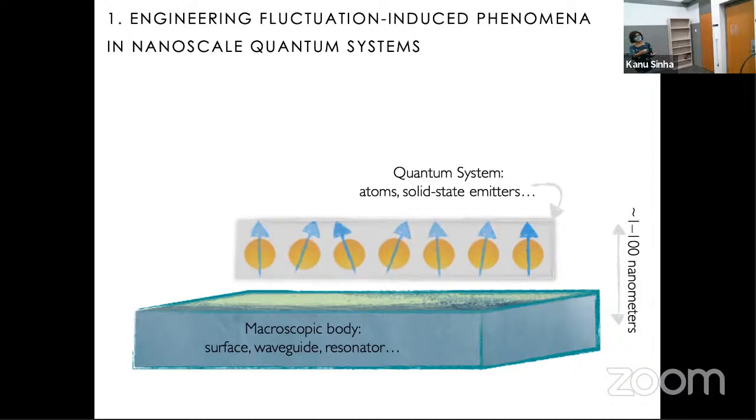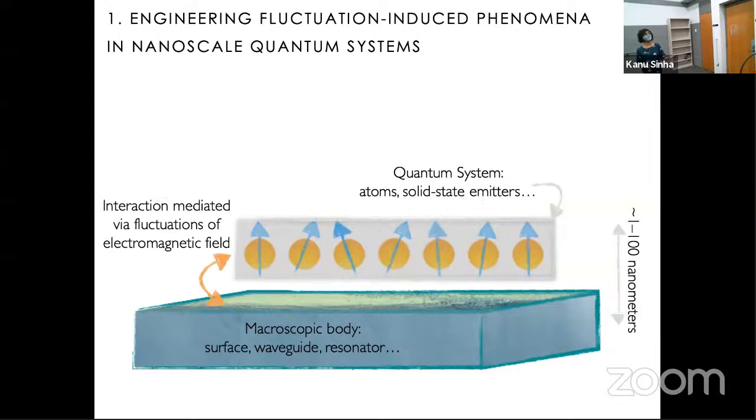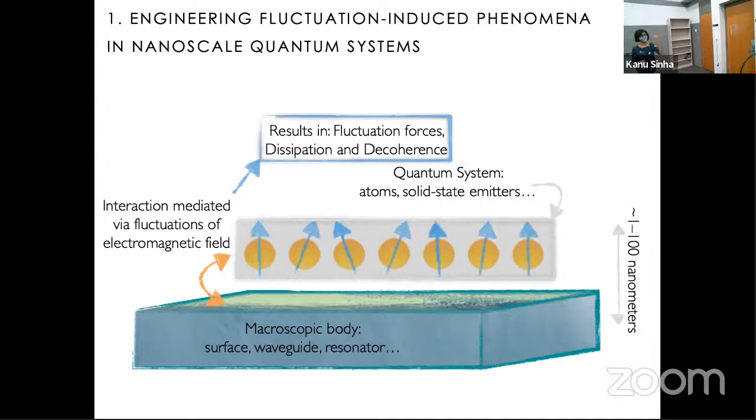And as these two objects interact via the quantum or also the thermal fluctuations of the electromagnetic field, this interaction results in various fluctuation phenomena like fluctuation forces, loss of energy or dissipation, and decoherence. And these are the aspects that we would like to be able to engineer. And that's what I'll talk about first today.